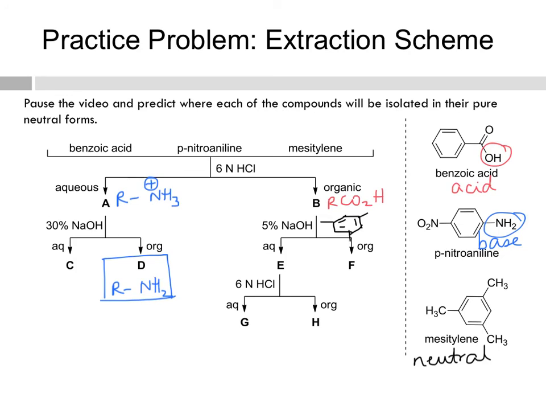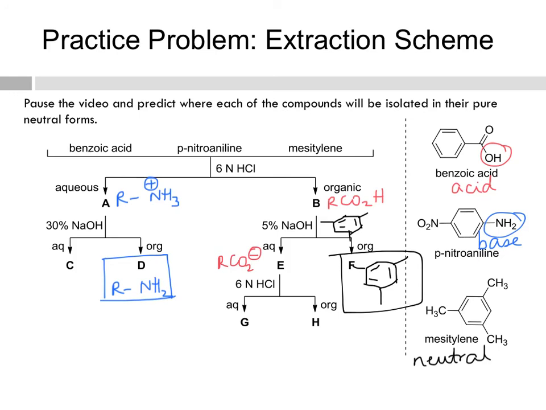And then we treated with 5% sodium hydroxide. So now in this case, the acid is going to react with the base and is going to form an ionic compound and go into the aqueous layer. So what we have in E is the carboxylate salt, and what we have in F is mesitylene. So we have purified our second organic compound, and that's in F.